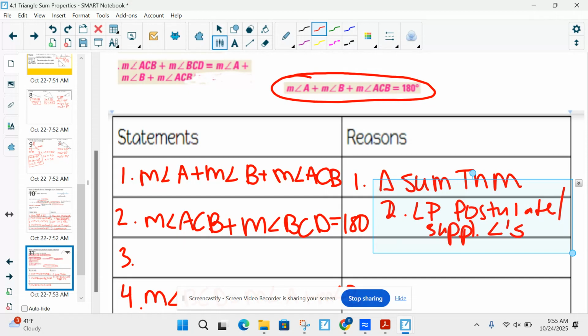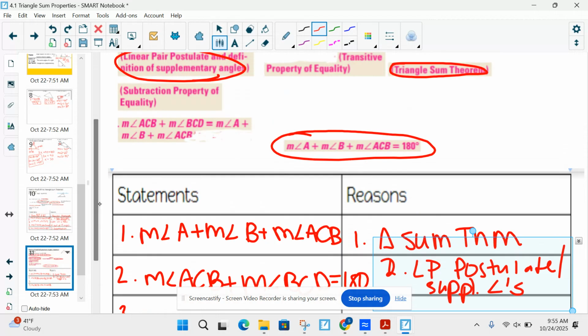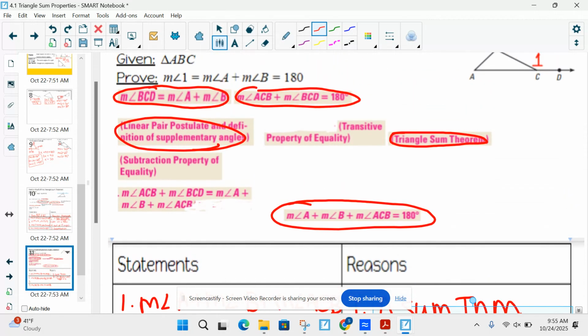And then we can use the transitive property. Okay, so this is a hint for people who haven't taken the test yet and a review for people who have. If 2 things are equal to 180, you set them equal to each other. That's substitution or transitive property.